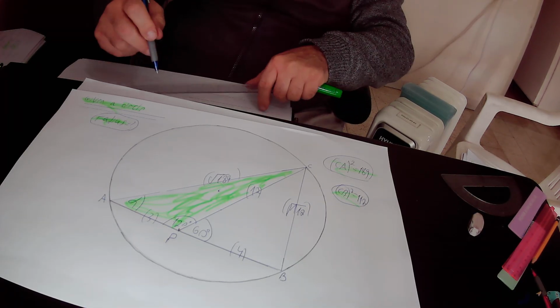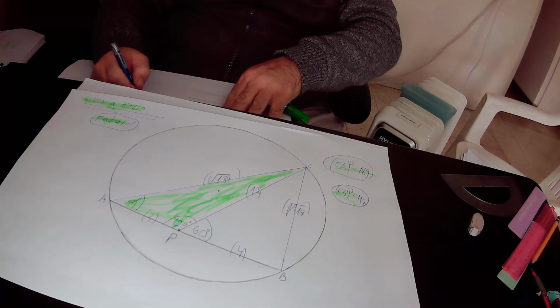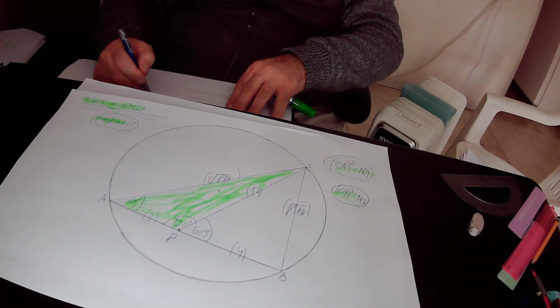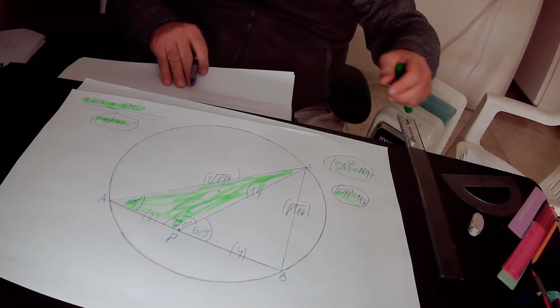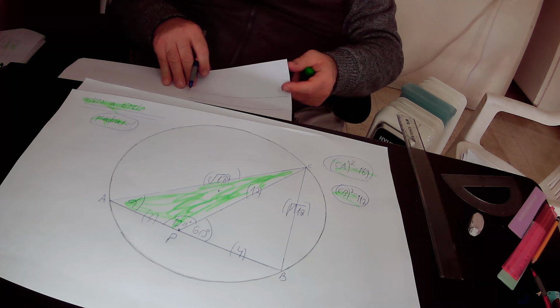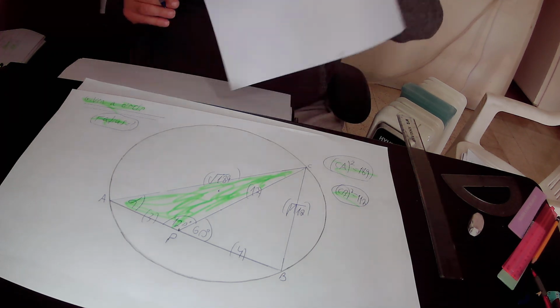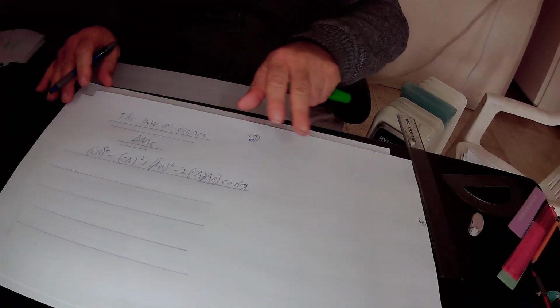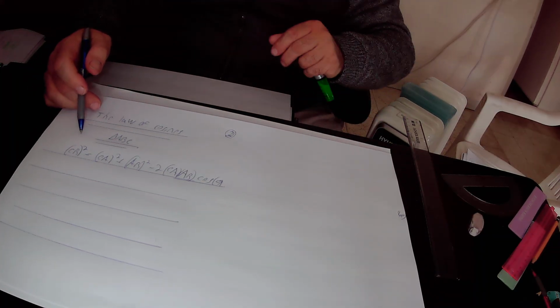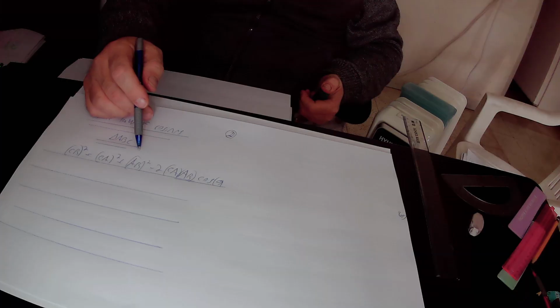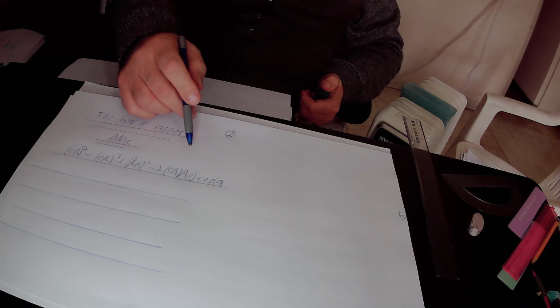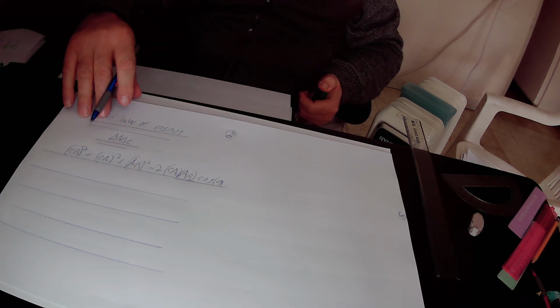And again, in this big triangle ABC, according to the law of cosines, the following equation is true. CB square equals CA square plus AB square minus 2 times CA times AB times cosine alpha.